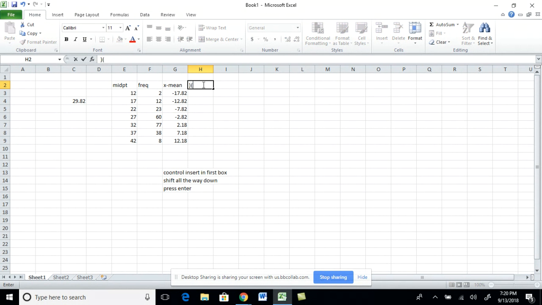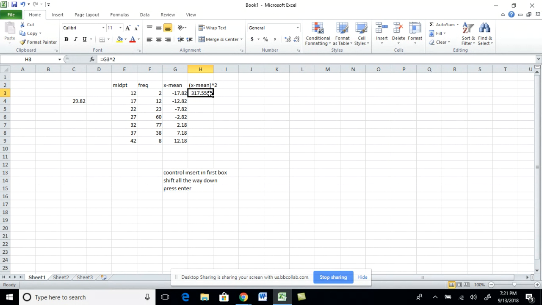The next column, following the standard deviation formula, we're going to square that, x minus the mean squared. So you could just say equals that number, because that's what x minus the mean is, and then you use a caret squared. Press enter, and you get the number.